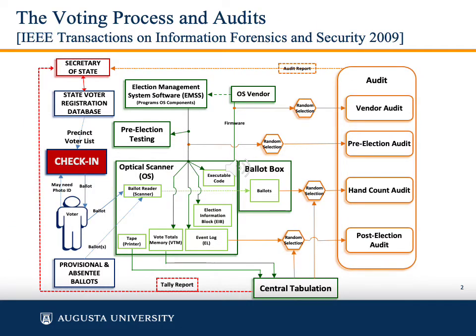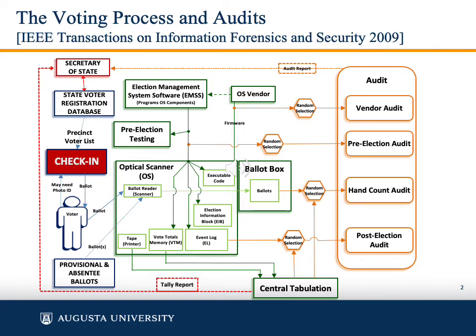This diagram is from our paper in the IEEE Transactions on Information Forensics and Security that shows the overall activities surrounding an election in the United States. The election involves, of course, the voters, the election officials, a number of systems, and audit processes before, during, and after the election.